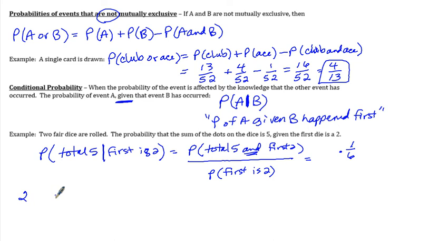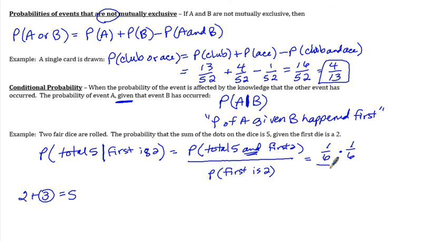If you roll a 2 and you have some other second roll that you need to add to it, and they need to equal 5, how many different ways could you make this happen on that second die roll? You can only make that happen one way. You can only make that happen if you roll a 3 on that second dice roll. So there's only a 1 in 6 chance that that's going to happen. So there's a 1 in 6 chance that you roll a 3 after the 1 in 6 chance of rolling a 2. So that's that event happening together.